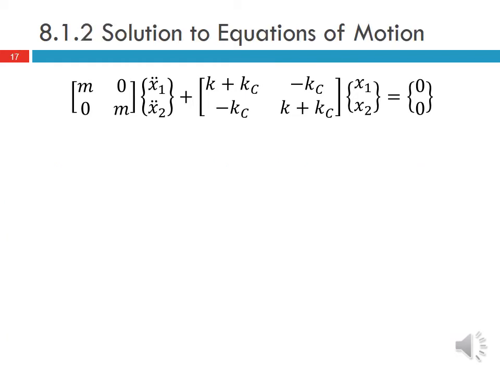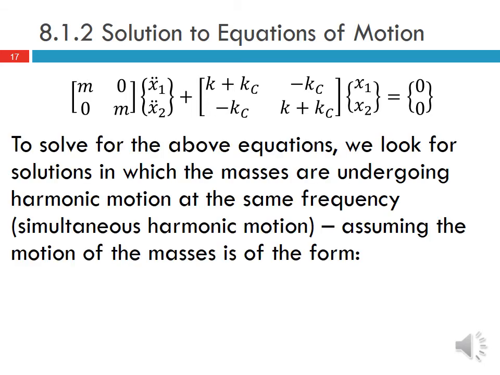So let's talk about the solution to the equations of motion. To solve these equations, we look for solutions in which the masses are undergoing harmonic motion at the same frequency. So we call this simple simultaneous harmonic motion.